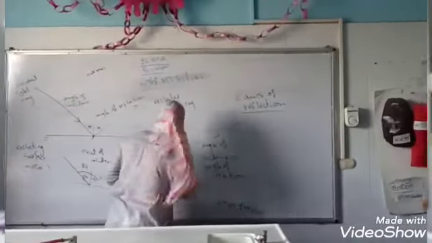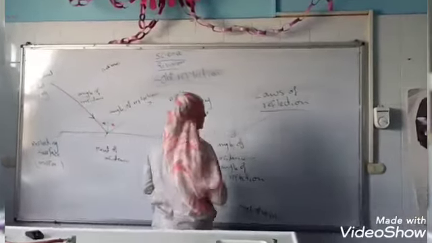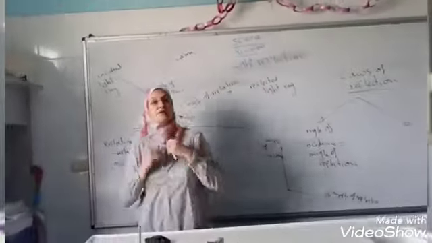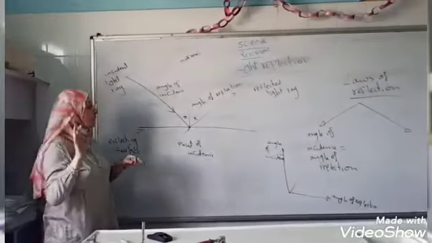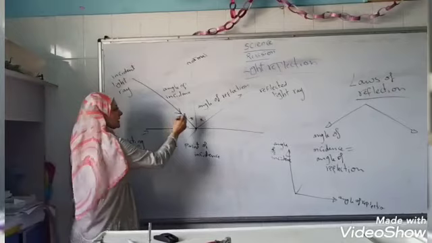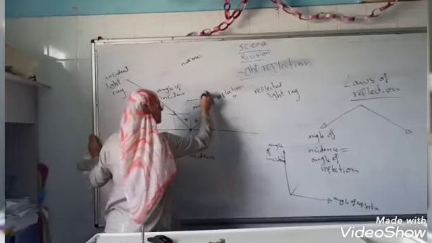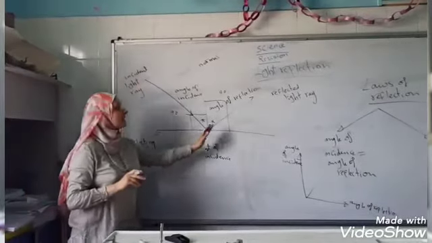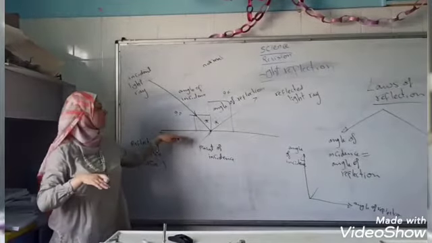The second law. Look and pay attention. What happens if we measure the angle from the reflecting surface to the normal at each side? This angle equals 90, a right angle, and this angle equals 90, a right angle. So the incident light ray, the reflected light ray, and the normal from the point of incidence all lie in a plane perpendicular to the reflecting surface.